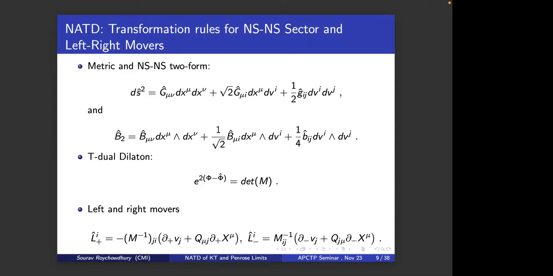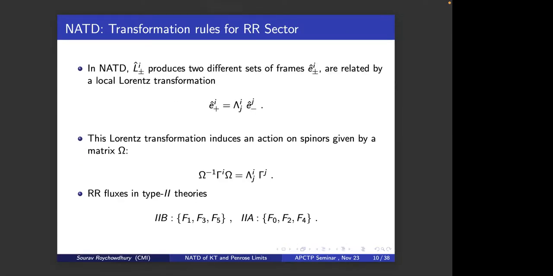However, these two sets of vielbeins describe the same geometry, the same T-dual sector. So they are not independent. They must be related by a Lorentz transformation given by this expression, where Λ is a Lorentz transformation. So however it looks, we have two vielbeins, but at the end of the day they describe the same geometry. This plays an important role in constructing the RR sector in the T-dual theory.